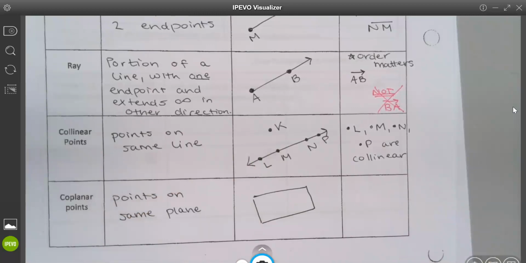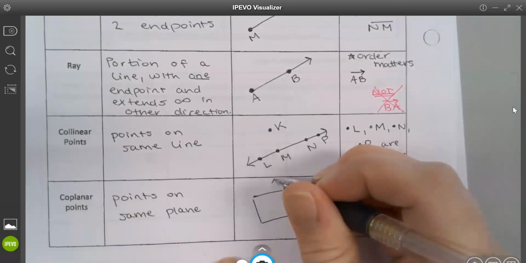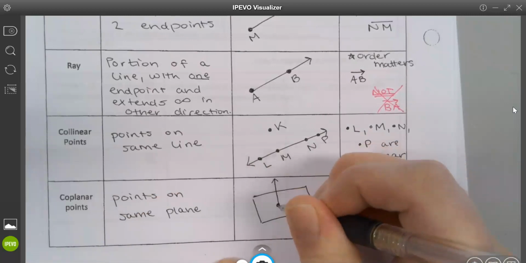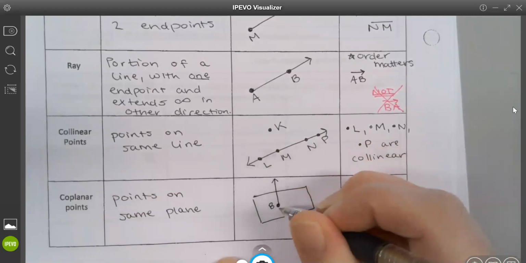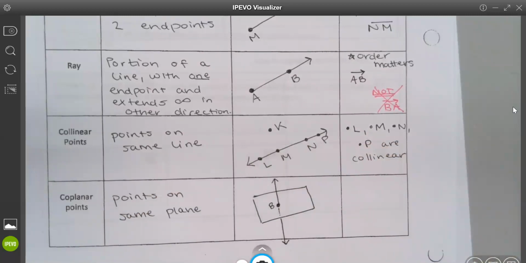So you're going to see planes that crisscross, that cross each other, going different directions. Or you might see a line that starts above a plane, hits the plane at a point, we'll call it point B, and then extends out underneath that plane.